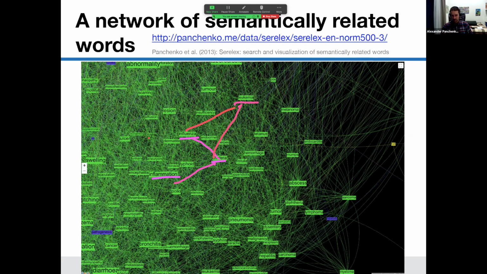Of course, there are some ambiguous words on the periphery of this network, which might not even fall into this cluster, like this word and this word, but overall, this is how you can represent things in language.